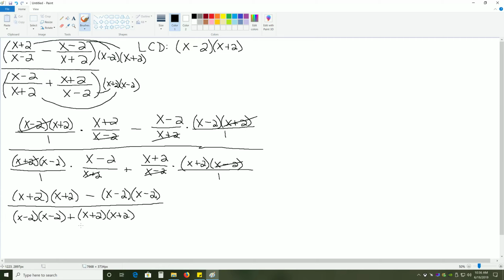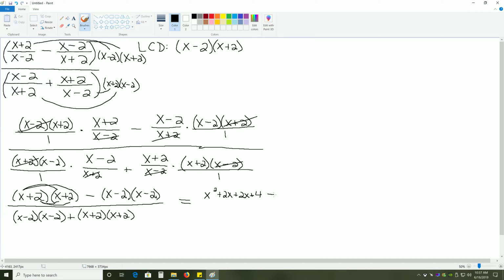And now from here, we're going to multiply all of these out and start canceling our common terms. So here we're going to distribute this x and then distribute the 2, which gives us x squared plus 2x plus 2x plus 4.